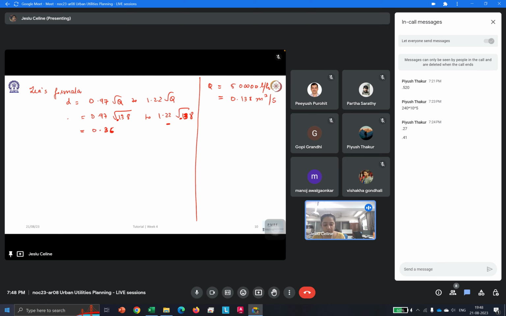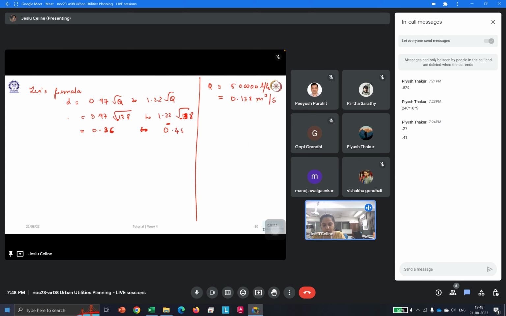And the other one, 1.22 root 0.138, how much does this work out to? 0.45, yeah, that's correct.